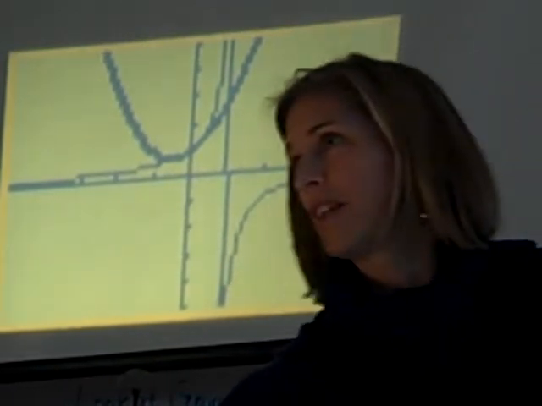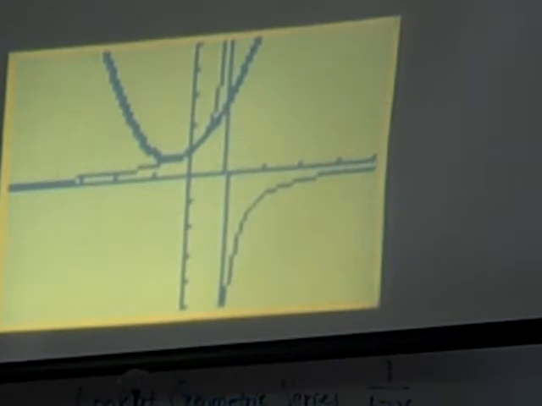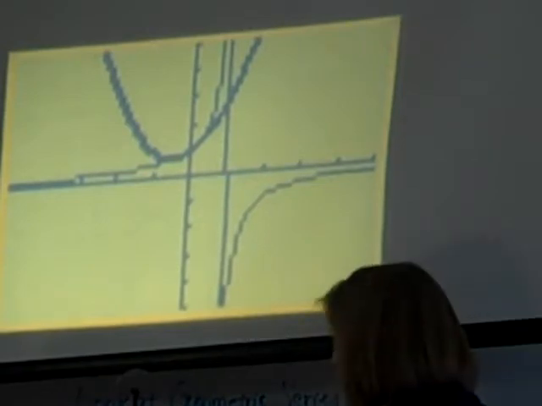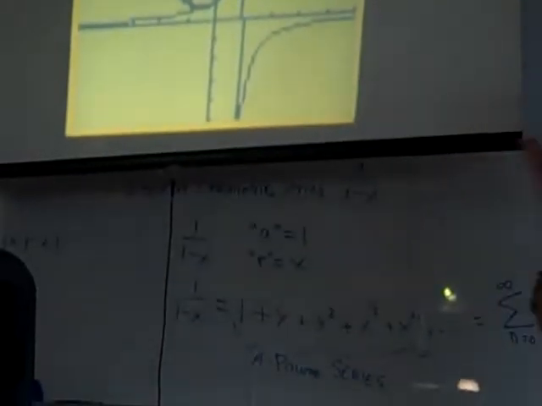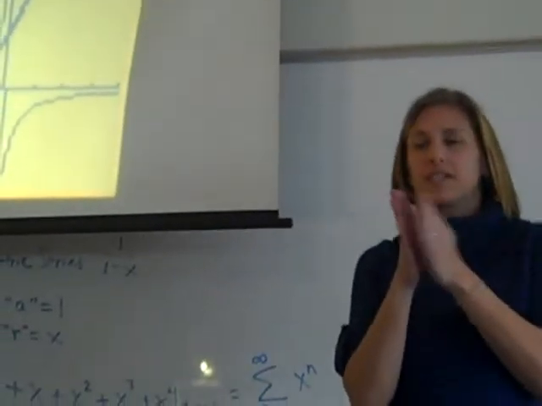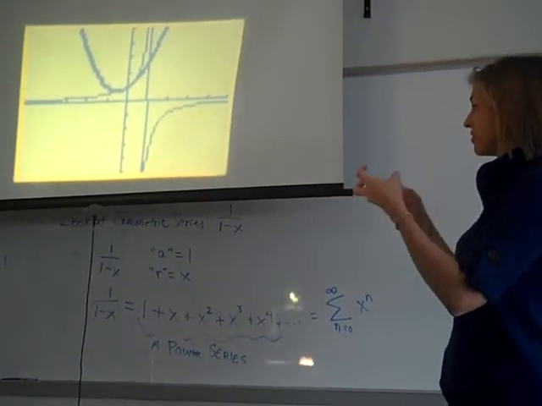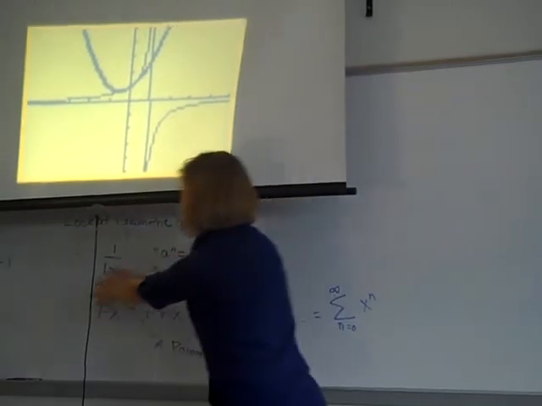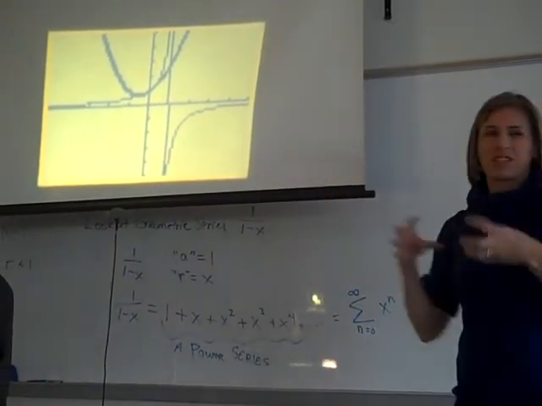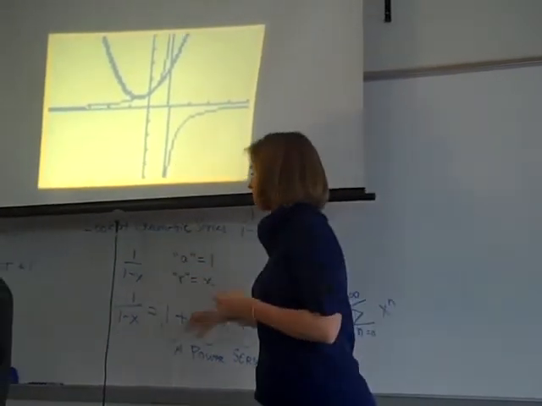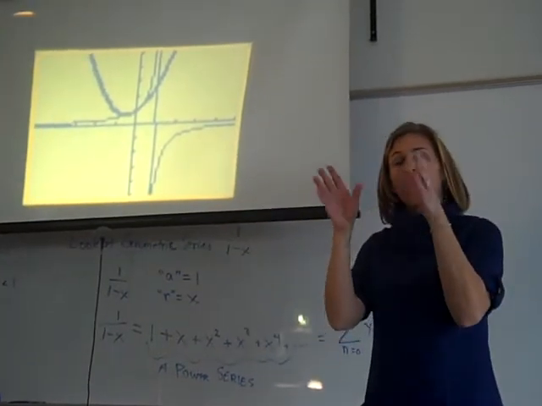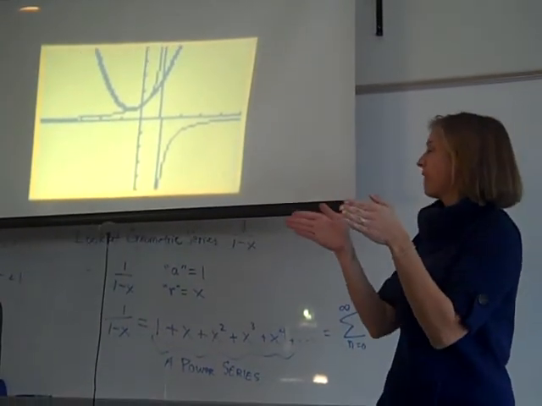And they're only going to match up from -1 to 1 because the geometric series only converges when that r value, which for us right now is an x, is between -1 and 1. Converges means the series matches up with the function that we're using to represent it. So this function and this series represent the same thing only between -1 and 1.